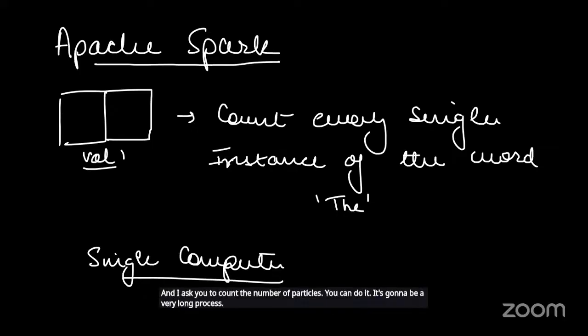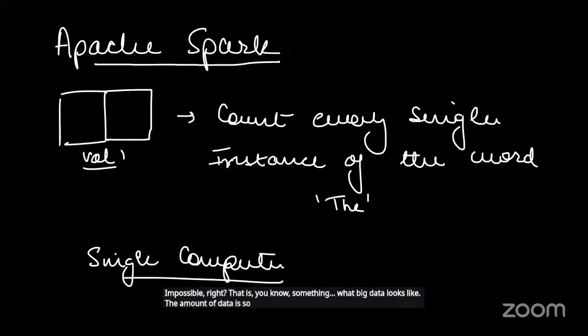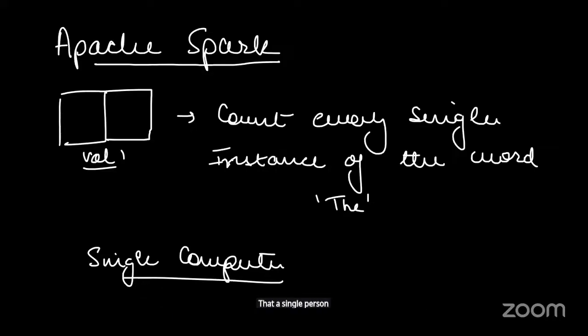But if I give you the entire beach and I ask you, count the number of sand particles in this entire beach, impossible, right? That is what big data looks like. The amount of data is so enormous that a single person or a single computer just simply cannot do the job in a reasonable amount of time.